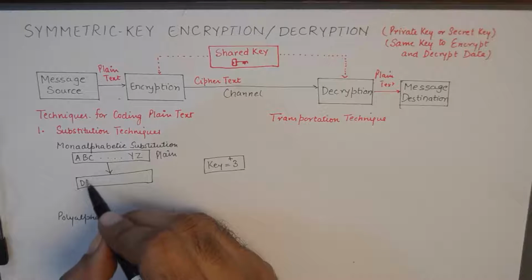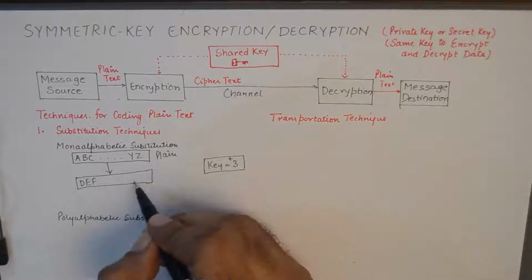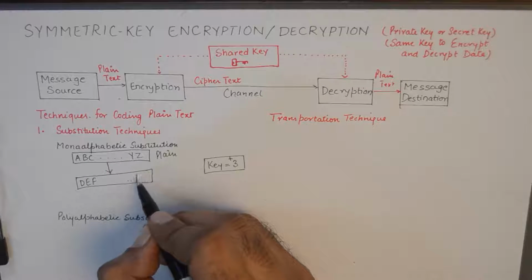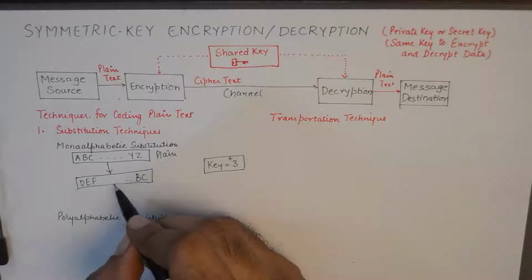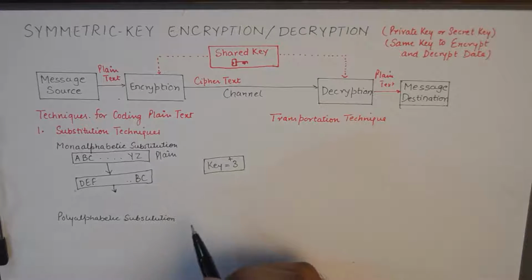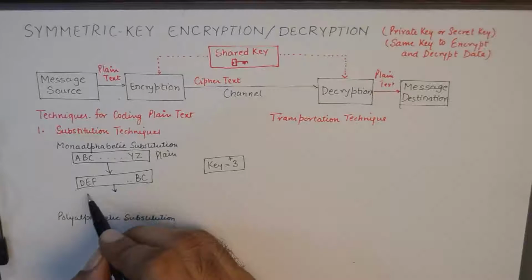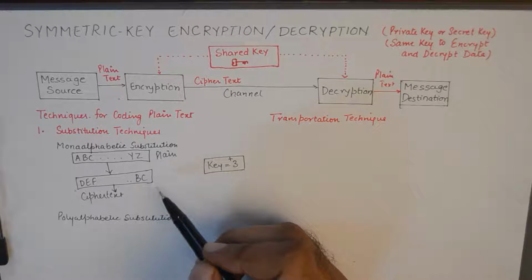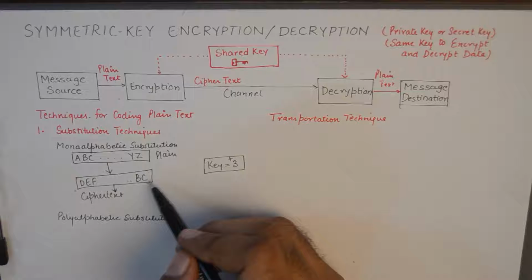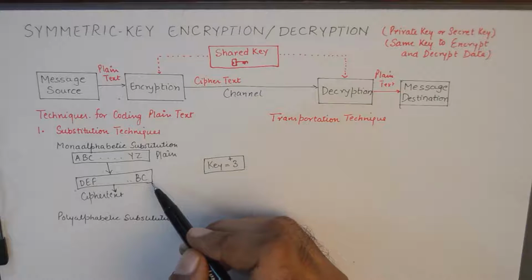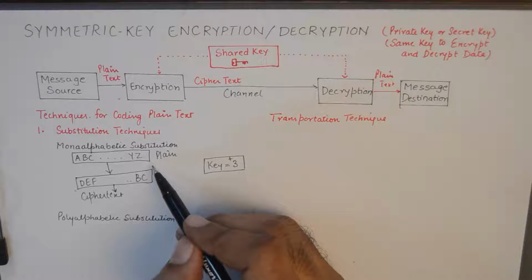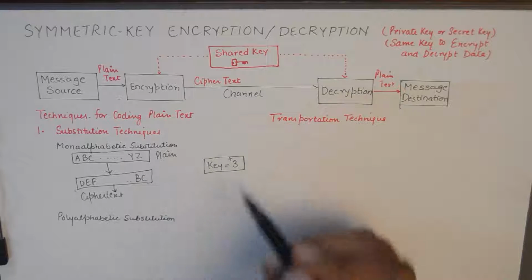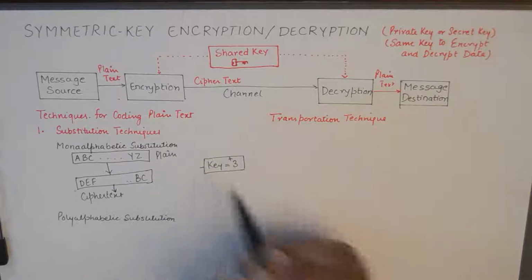So in other words, every character when shifted will have a new character in its place, and this will be known as ciphertext. So anybody who steals this text would not get any idea of what was sent originally unless he has access to this key.